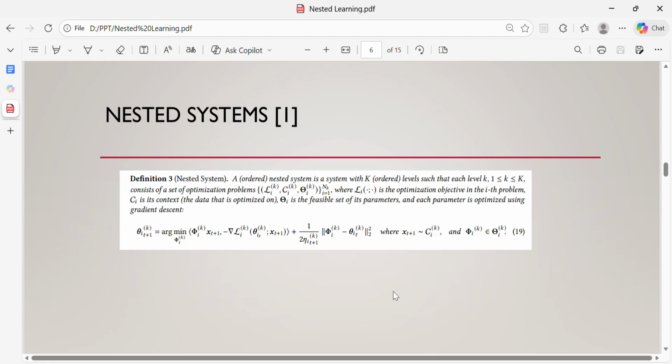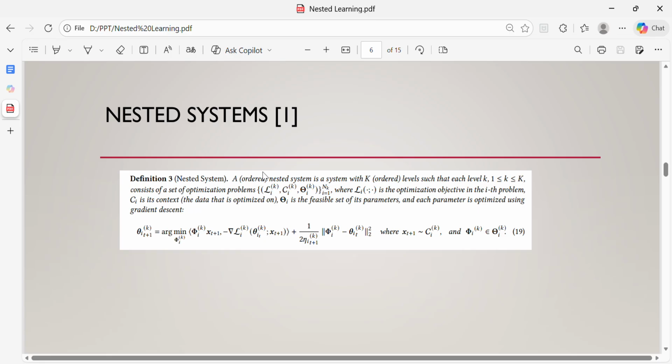I have taken those two things from the paper because they generalize to nested systems. That was the reason why I explained those two terms, associative memory and gradient descent, and the updated gradient descent, in which they have used the term 1/(2 eta t) ||phi(theta) - theta_t||, the L2 norm.